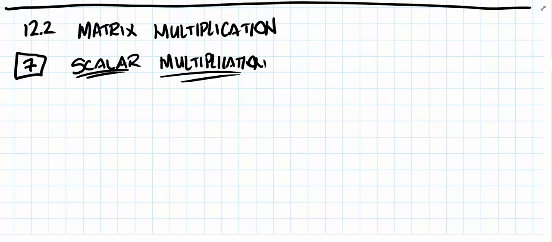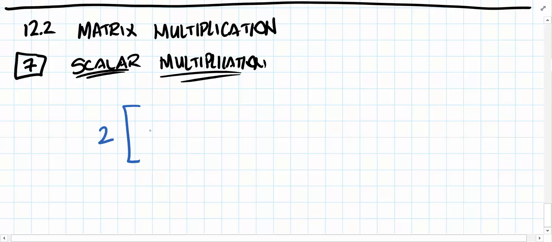So in this case, a scalar would be something like this. If I wanted to take 2 times the matrix 5, 3, -1, and 4, the 2 is acting like a scalar here. It scales the matrix up or down. So what do you think this is going to do to the matrix?